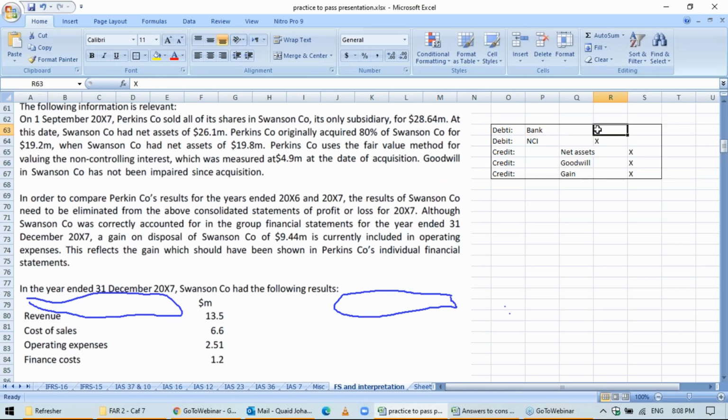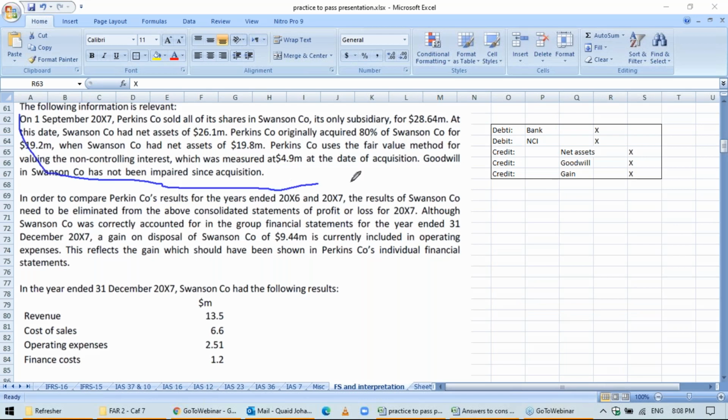And bank, I know how much cash is received from the bank. Just watch what has happened. Read these two paragraphs, which I am highlighting right now. This one on 1st September 20x7 and this one. But just go through the first paragraph only. You will get the figures from there.